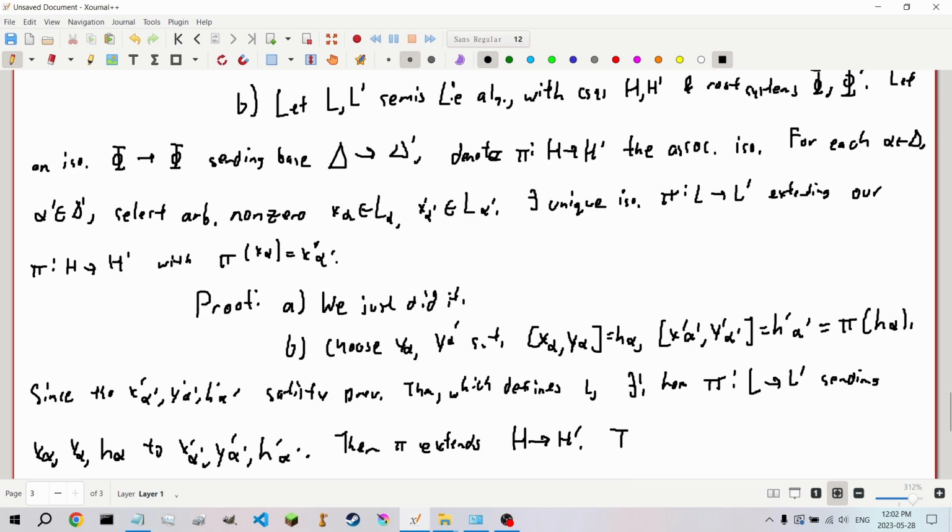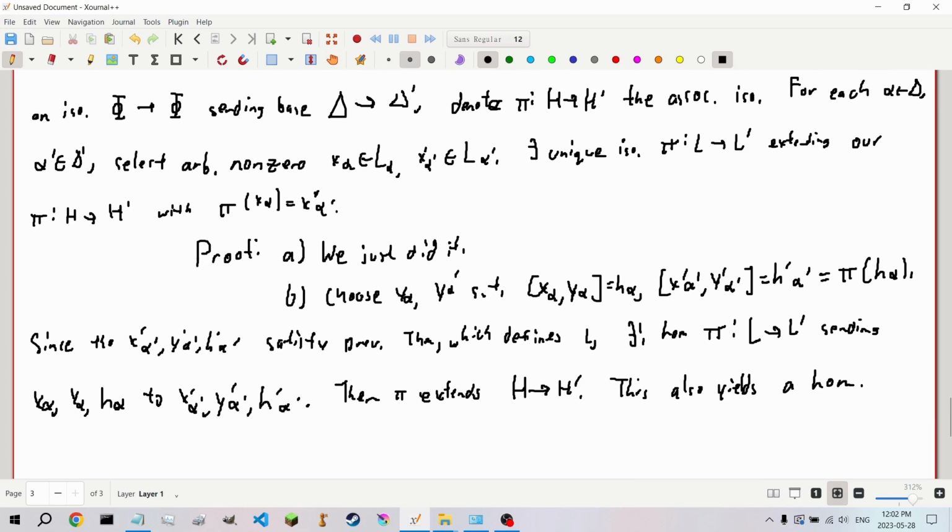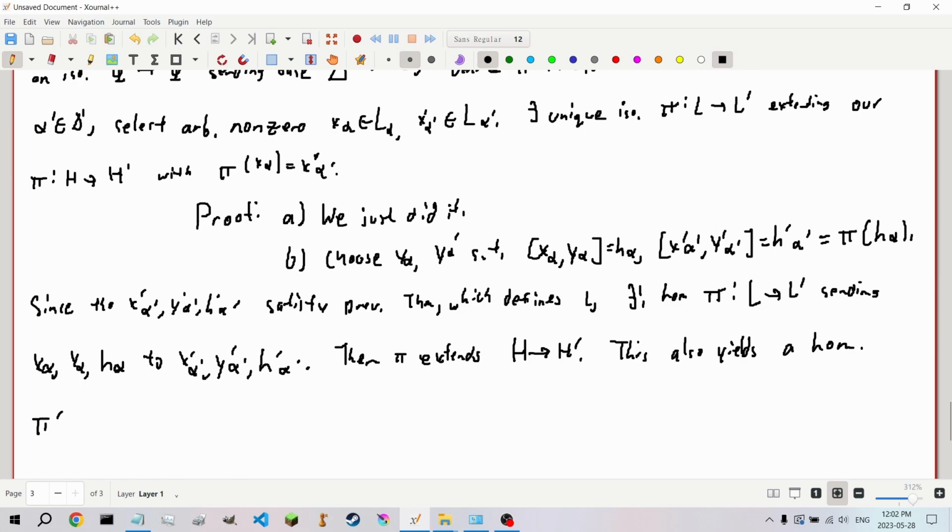And this can also be used to make a homomorphism pi prime from L prime to L, which is a two-sided inverse for pi, as the composites are the identity maps on the generators, so pi is an isomorphism.